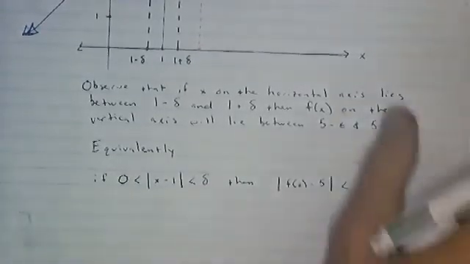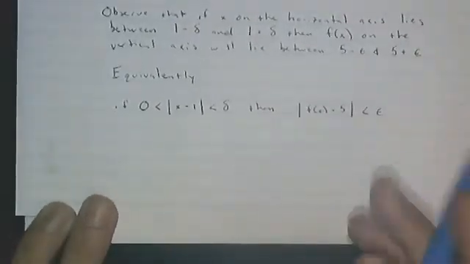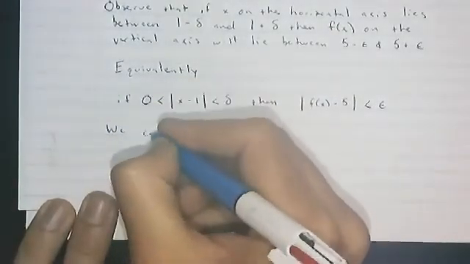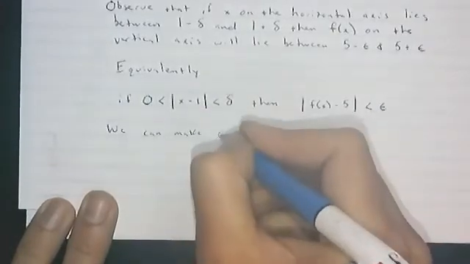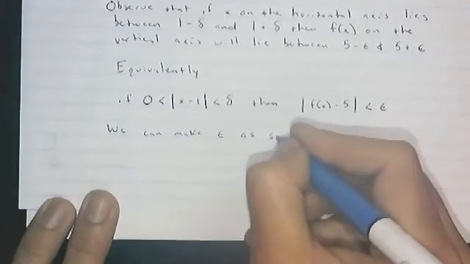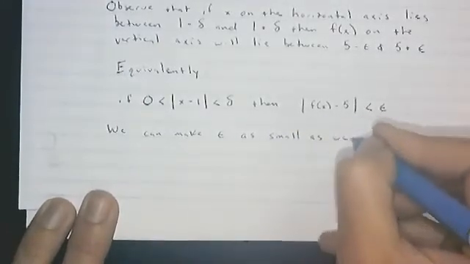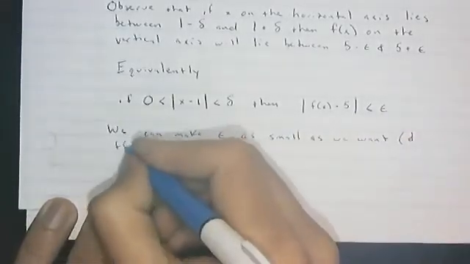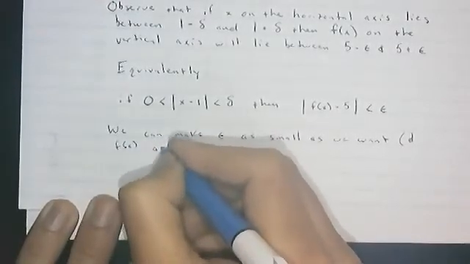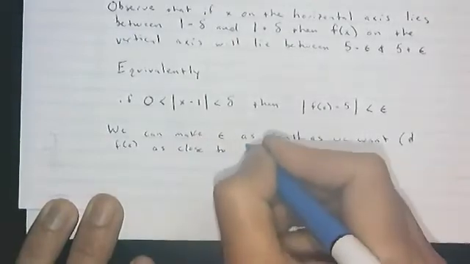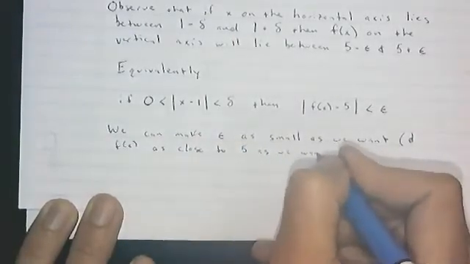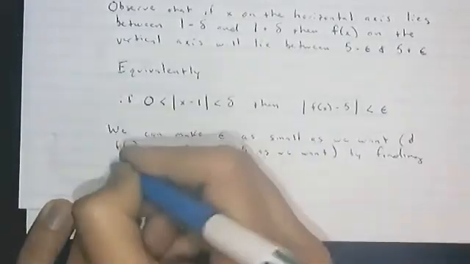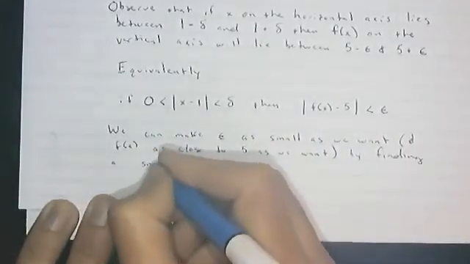Okay. And then, putting this back into some words, we can make epsilon as small as we want, which has the result of f of x being as close to 5 as we want, by finding a small enough delta.